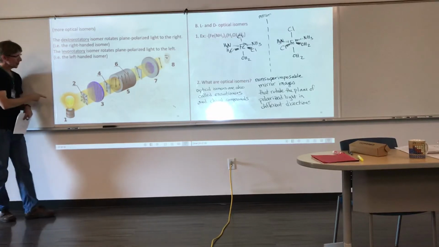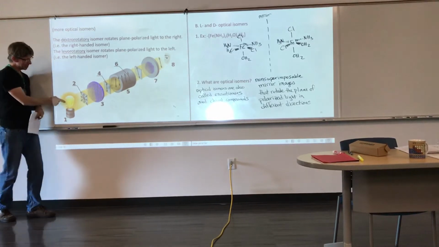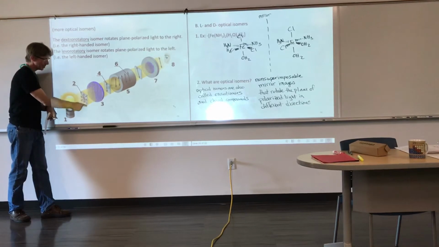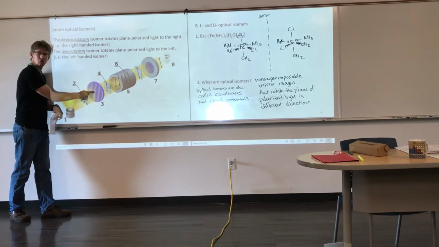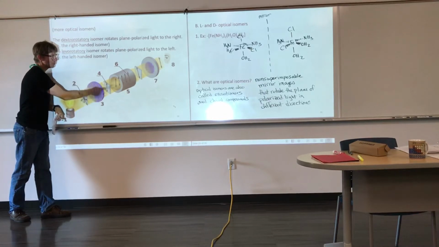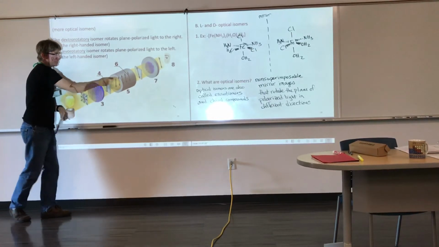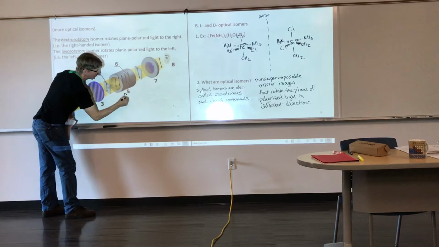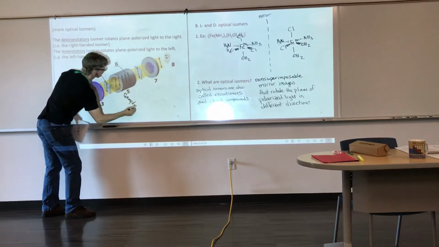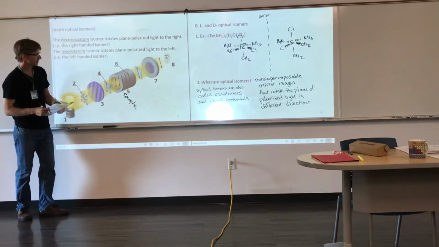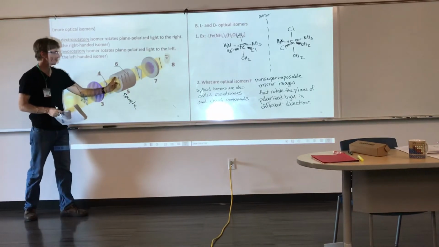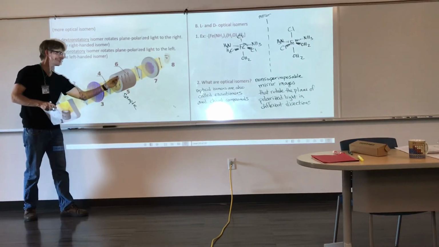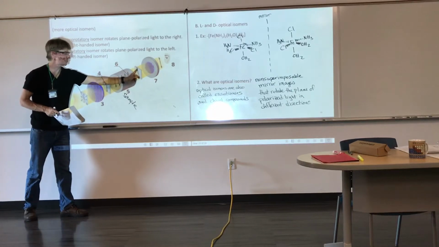And this is a picture of light that has all polarizations passing through a polarizer which selects one polarization. And then this is the sample. It rotates the plane of light a little bit, and so you can see that the plane of light has changed.